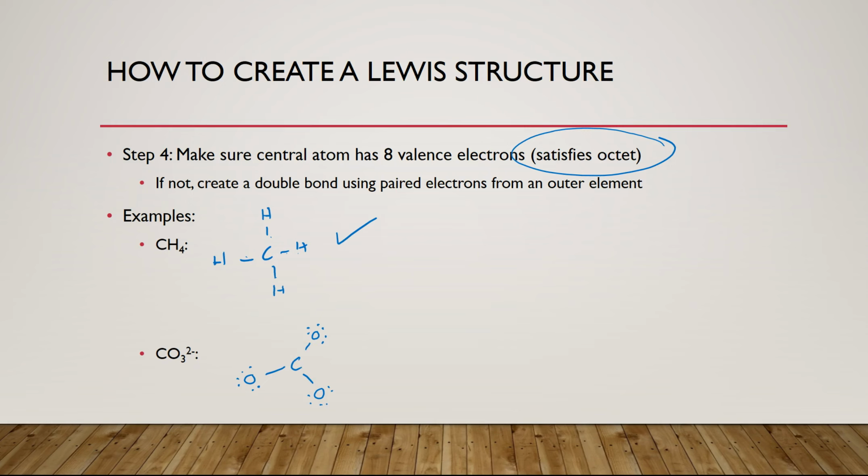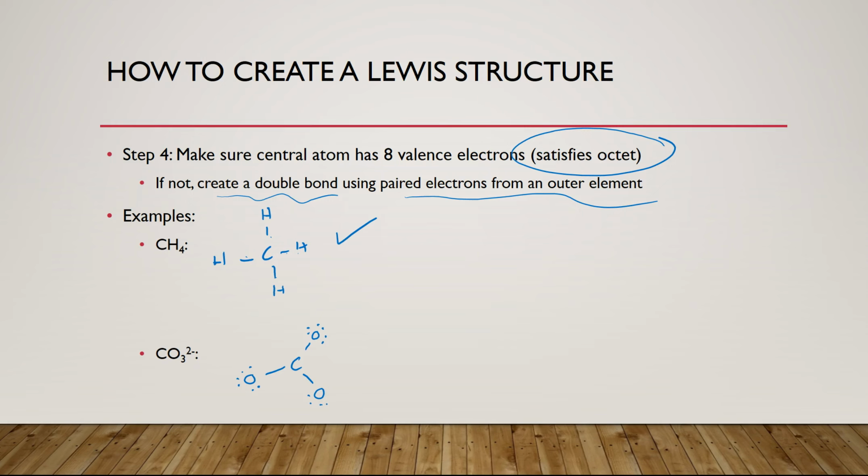Alright? If my central atom does not have the octet, I'm going to create what's called a double bond using the paired electrons from an outer element. So, in this case, it does not matter which oxygen I choose, right? But what I'm going to do is take one of these pairs from this guy. I'll just choose that one, for example. I'm going to erase them.